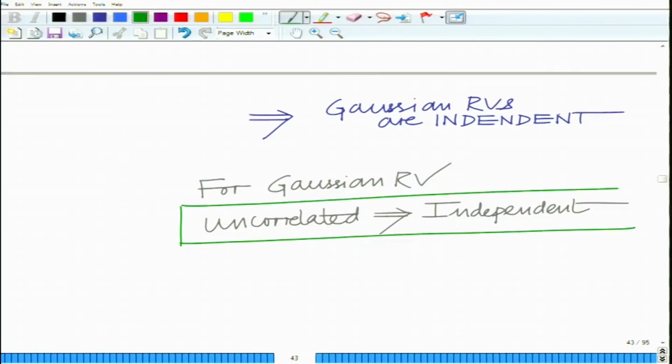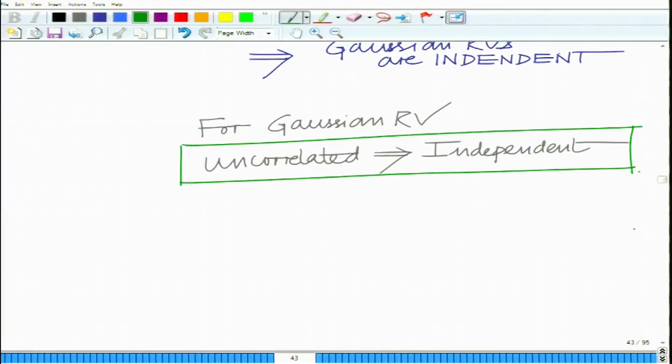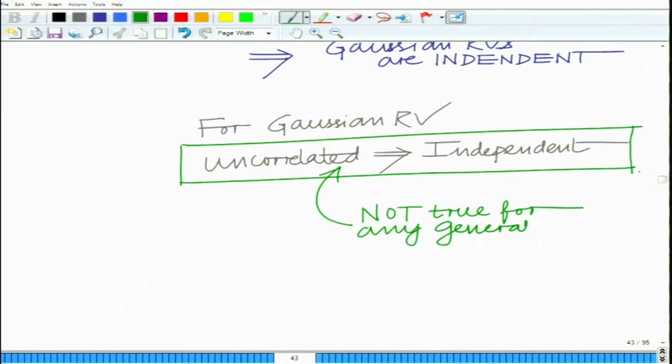However, this is not true for any general random variable, and this is the important property. But the other way around is always true, right? For any random variable, if two random variables are independent, then they are going to be uncorrelated. However, it is only for a Gaussian random variable that if they are uncorrelated, they are also independent. This is not true for any general random variable.